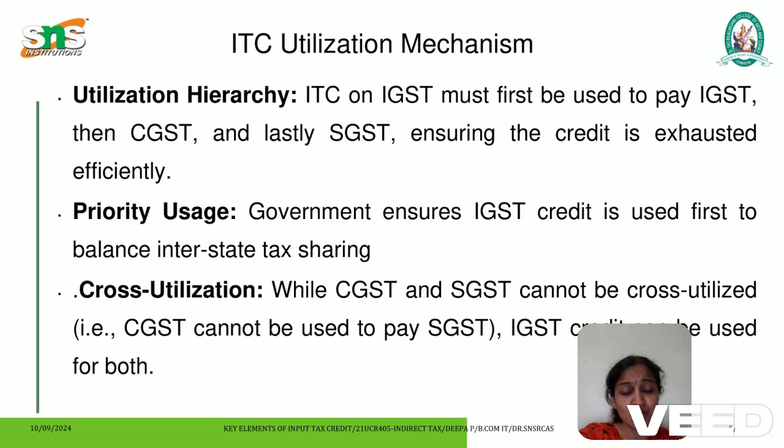Cross utilization: CGST and state goods and service tax cannot be cross utilized. That is, central goods and service tax cannot be used to pay state goods and service tax, and vice versa. Integrated goods and service tax can be used for both.